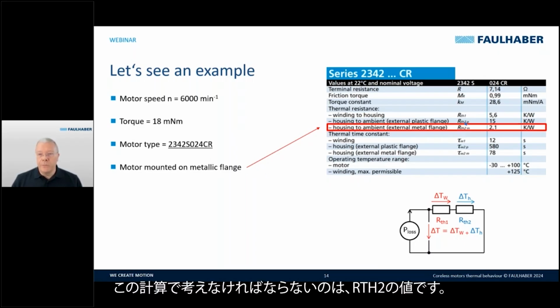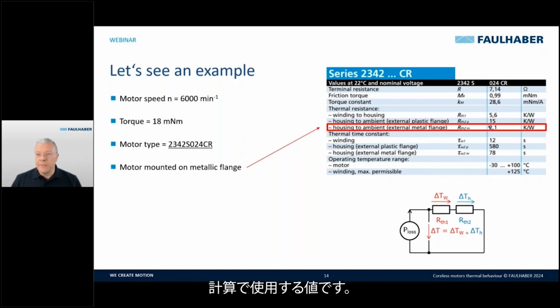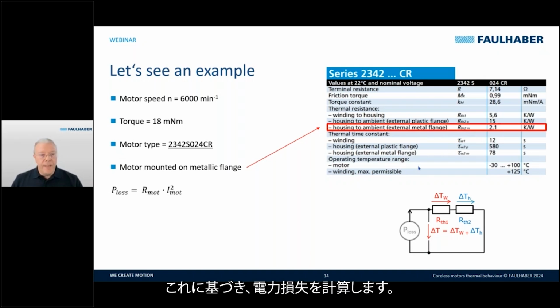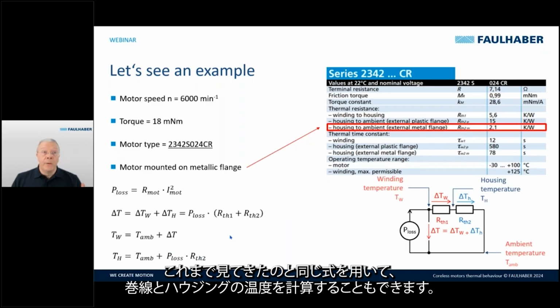So what we have to consider in the calculation is the RTH2 value, so this value here, related to the external metal flange. Based on this, we can calculate the power losses, the temperature variation, and the winding and the housing temperature with the same formulas that we have seen before.